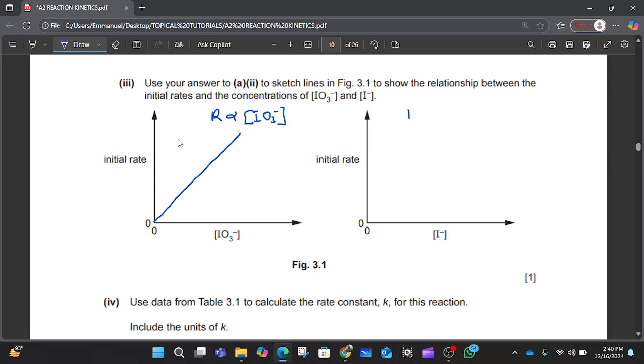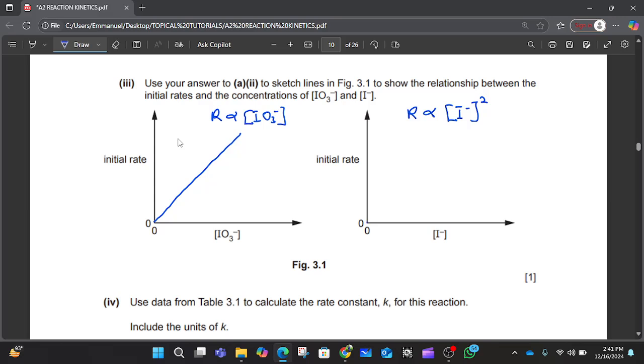When we come to the rate and the concentration of I minus, we realize that the order with respect to I minus is 2. So it is a second order. It means that when the concentration of I minus is increased, the rate is going to increase exponentially, which means that the rate is going to be times 2 of any increase in the concentration of I minus.